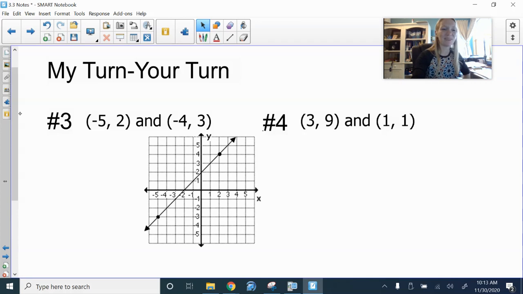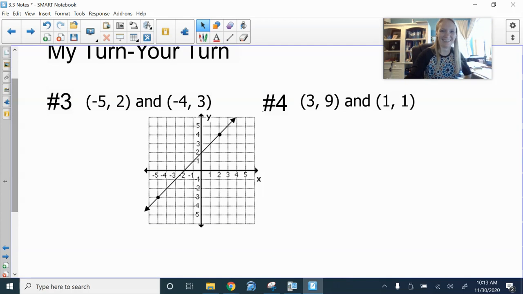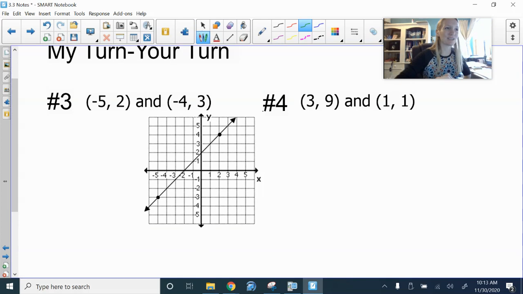Okay, so on number 3, let's do another quick one and see if we can do our slope. So who could tell me what your slope will end up being on number 3? You can either do your rise over your run, or you could do your slope formula, your y minus y and x minus x. Anybody have an idea what your slope is? And we'll take a quick break before we finish up the other notes.